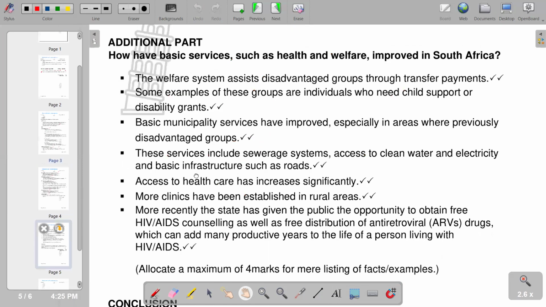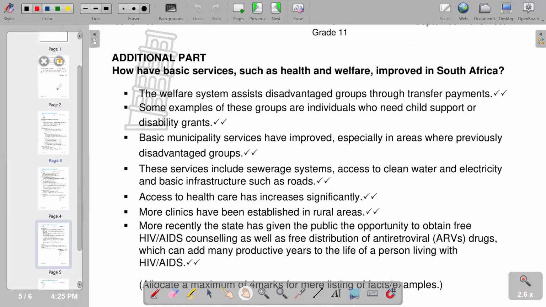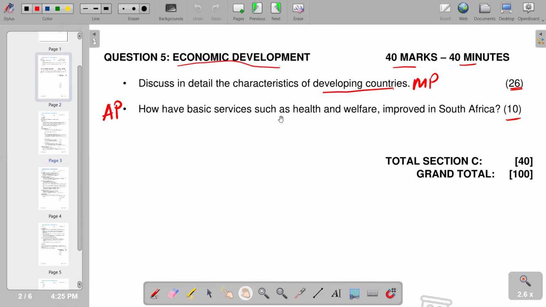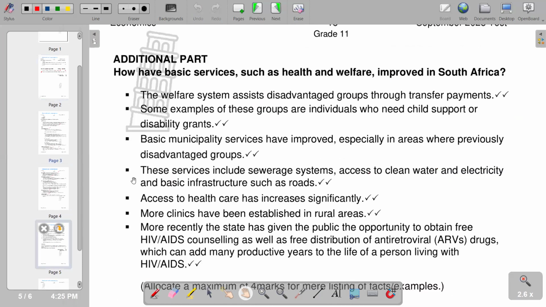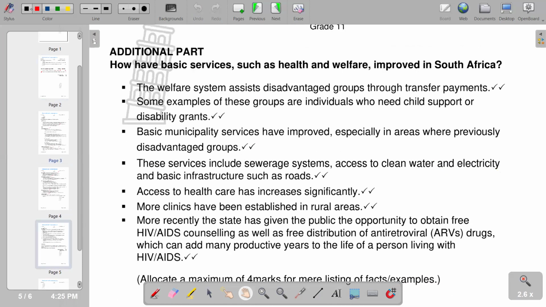Then we move on to the additional part, which is: how have basic services such as health and welfare improved in South Africa. These are the points pertaining to that. The first one is that the welfare system assists disadvantaged groups through transfer payments. Examples of these groups are individuals who need child support or disability grants.